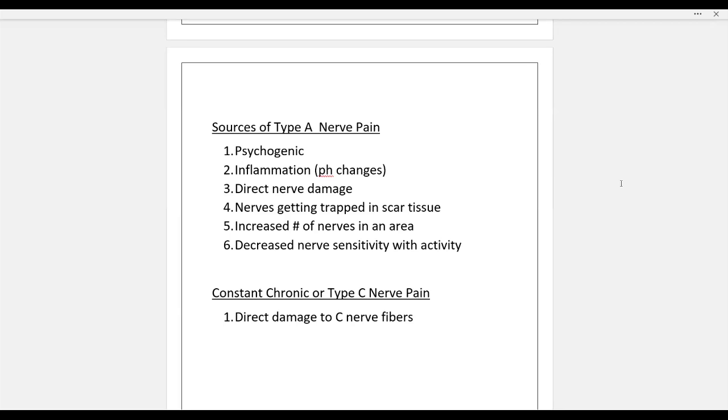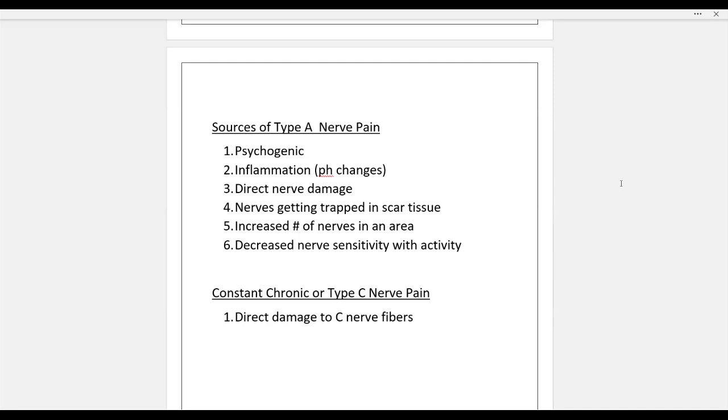Now, how are we going to explain this? How are we going to put this together? Well, let's just talk about these first, and then let's go into the constant chronic or type C nerve pain fibers. Okay? So sources of type A nerve pain. Now remember, we're talking about a personal injury patient that's at MMI, right?